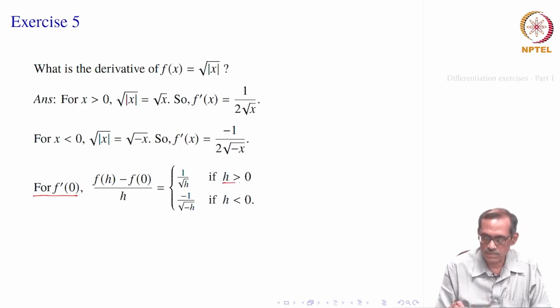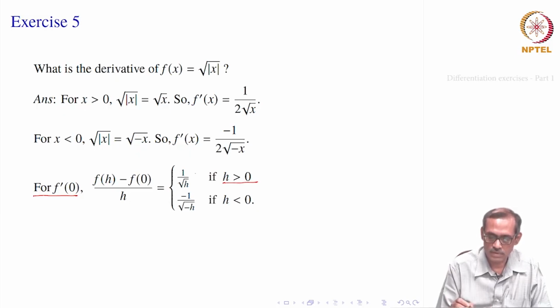When h is positive, f of h is the square root of h, and dividing by h gives 1 divided by square root of h.